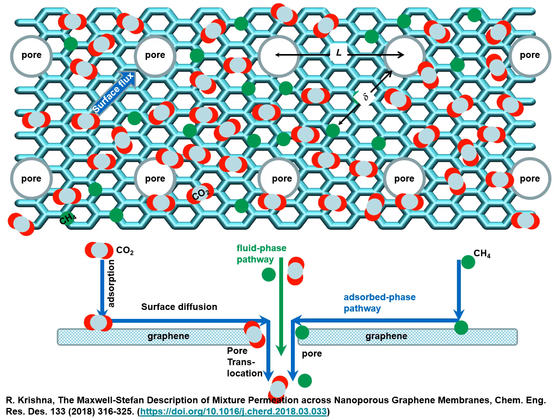Two-dimensional nanoporous materials such as graphenes and graphene oxides have attracted a lot of interest in recent years for the separation of a wide variety of mixtures of light gases such as hydrogen/carbon dioxide, hydrogen/nitrogen, hydrogen/methane, carbon dioxide/nitrogen, and carbon dioxide/methane.